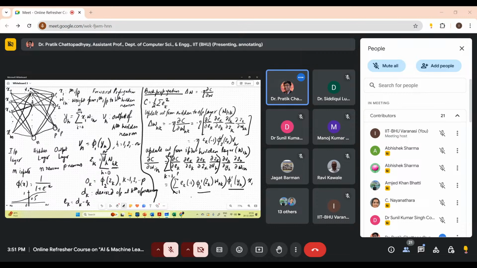During forward propagation, we need to compute phi, but during backward propagation, we need to compute phi dash. It can be shown that phi dash of this function is phi into 1 minus phi. We can prove this easily by just finding the derivative.